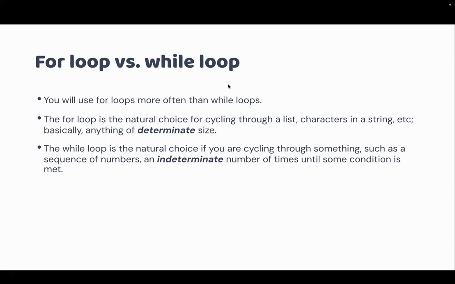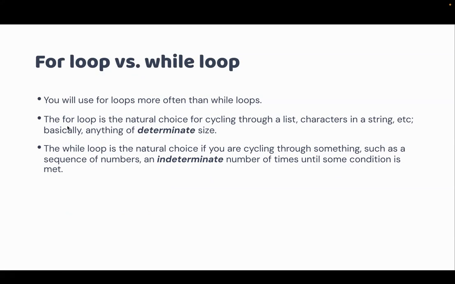So with these two different loops, when would you want to use for, or when would you want to use while loop? So basically in Python, you will use for loops more often, but there is a specific way to use one over the other.